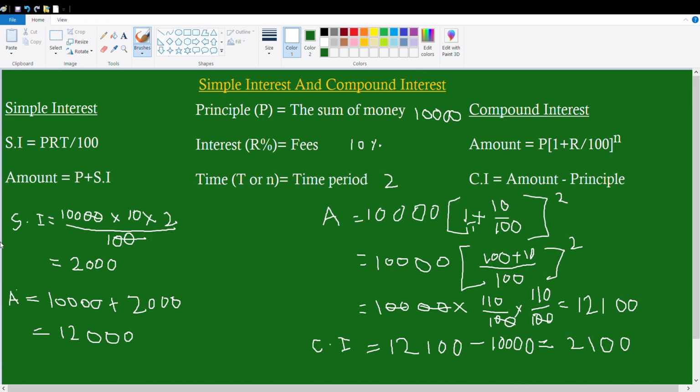So in simple interest, we have to pay interest of 2,000 rupees, and in compound interest we have to pay 2,100 rupees. Total amount is 12,000 rupees here, 12,100 rupees there. So simple interest is lesser than the compound interest. In this way we can calculate the simple interest and compound interest.